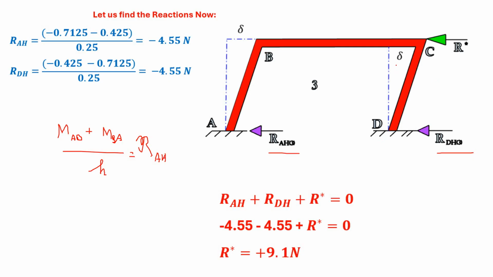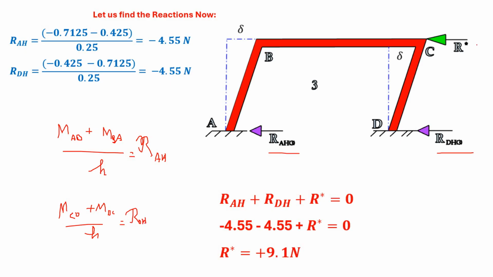Similarly, for DH, you take the moment at this location, that is MCD plus MDC divided by the height of the frame. Then you will get RDH.